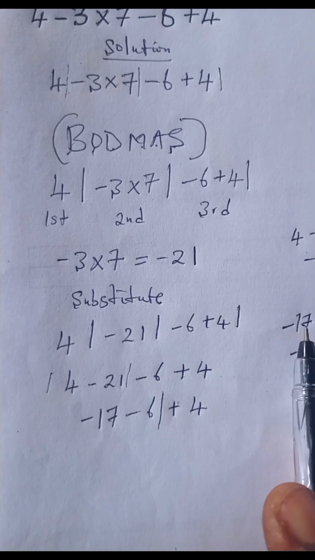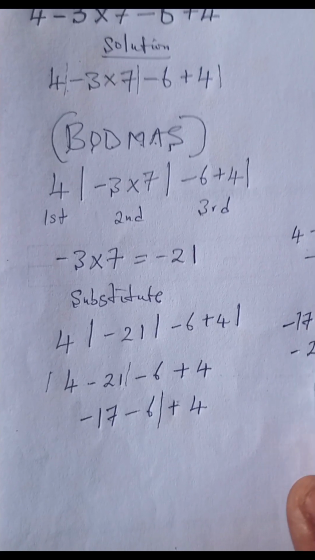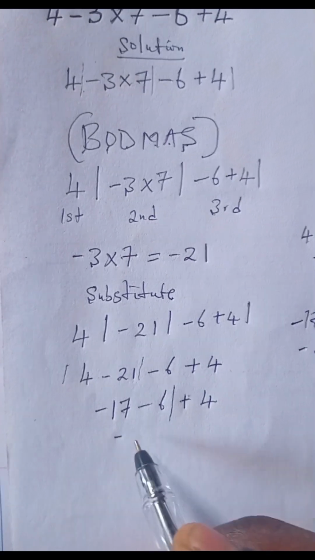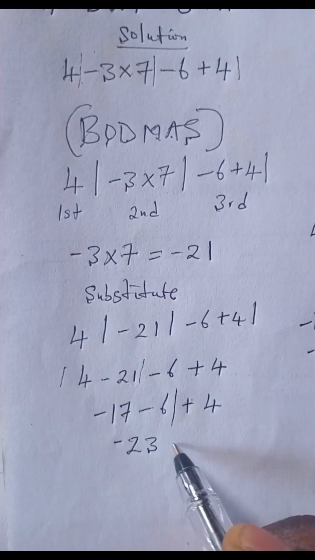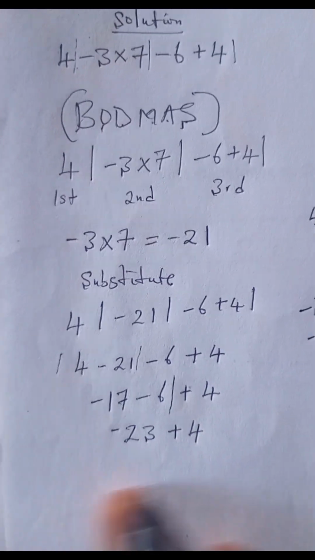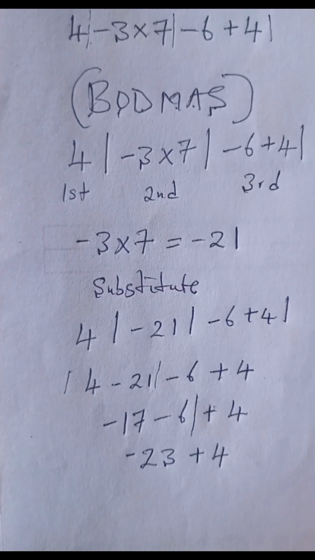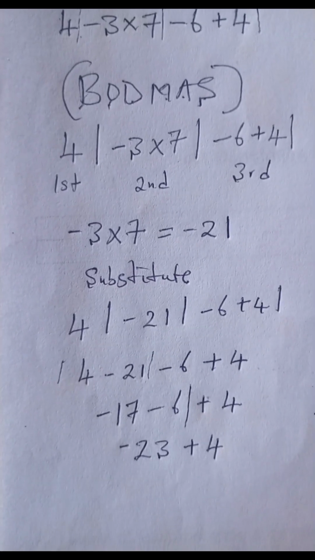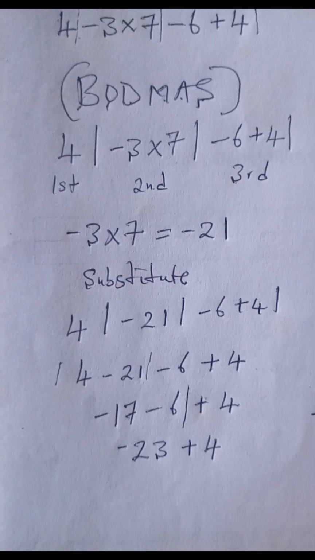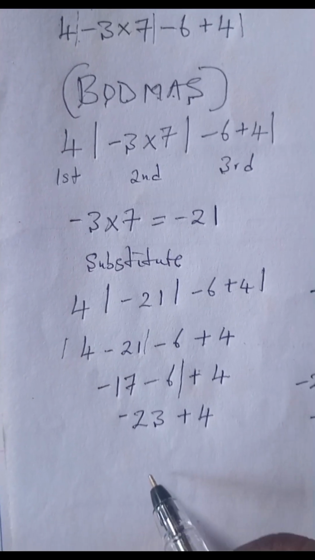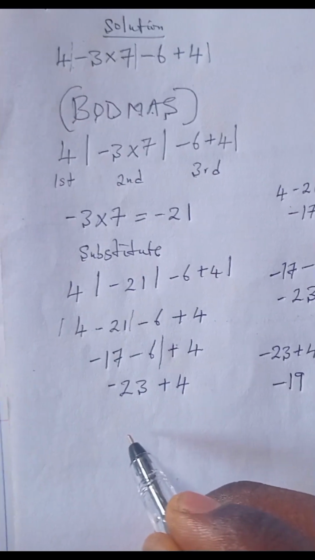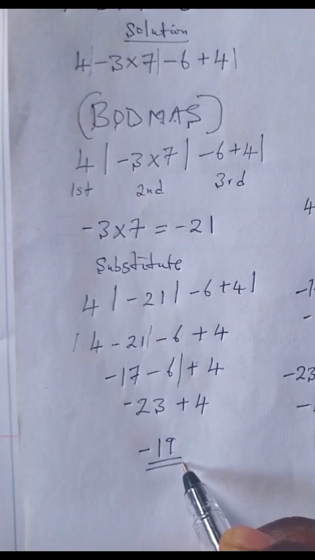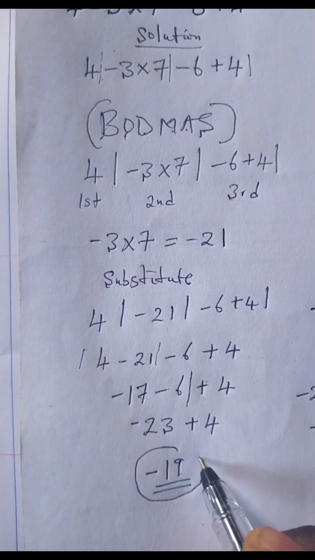So here now becomes minus 23 plus 4. So this is the final part, which is minus 23 plus 4. This will now give you minus 19. So the final answer is minus 19. So this is our final answer.